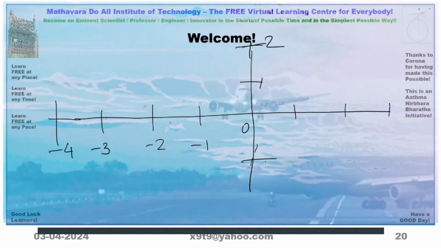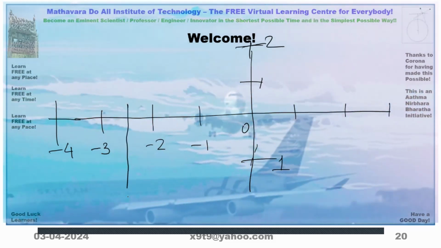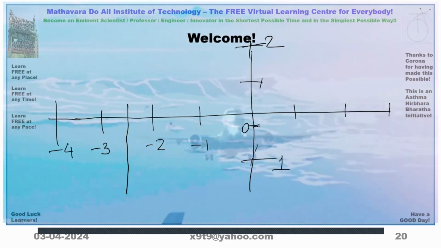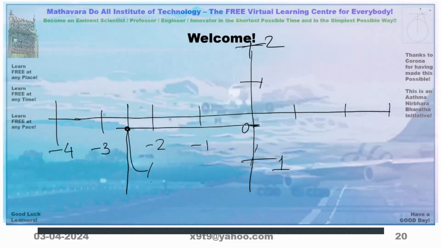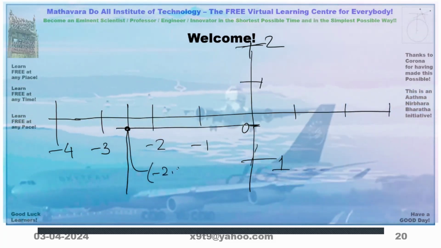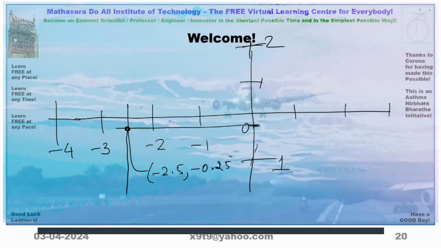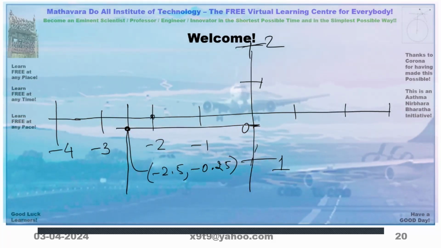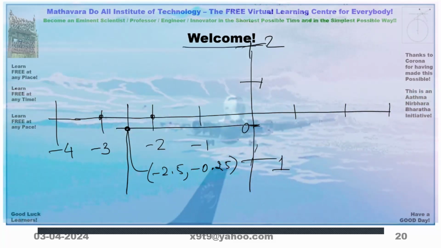So here maybe this is up to 1. At 2.5 here, we got like 0.25. This is minus 2.5 comma minus 0.25. This is 0, this is 0.